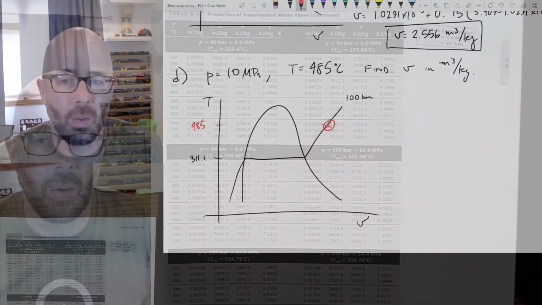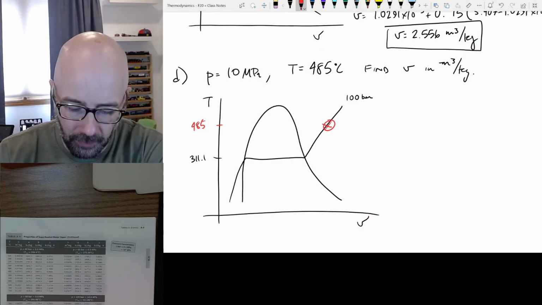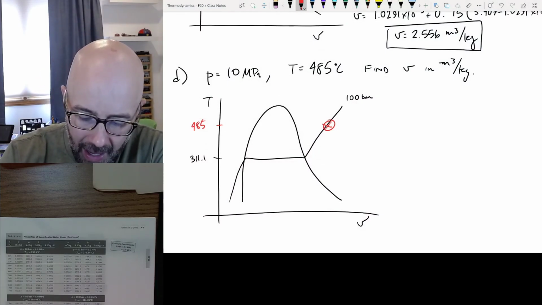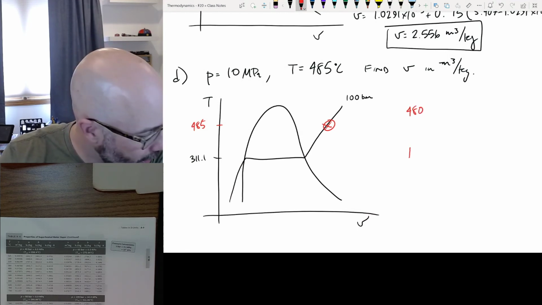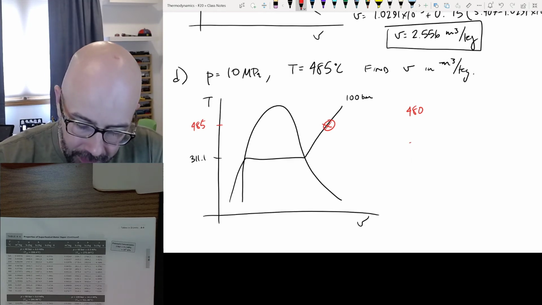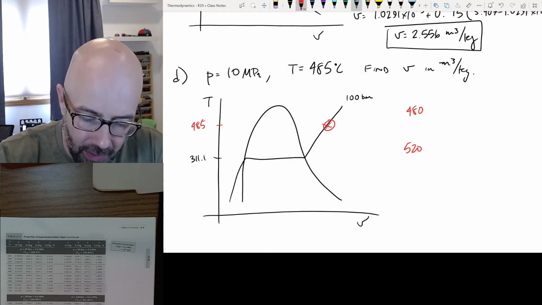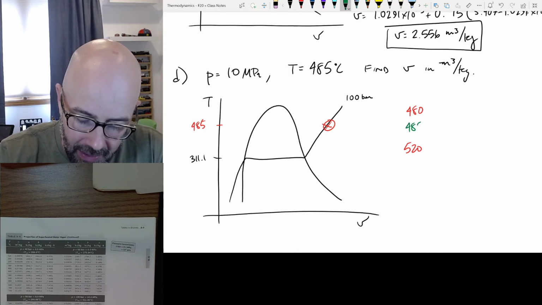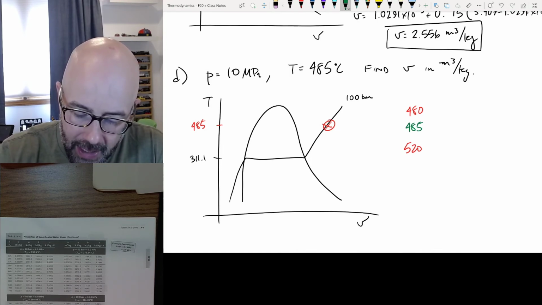And so here we go. Let's start to interpolate. I'm going to say I have 480 and 520, and I'm looking for a value that is 485. Let's look at what my specific volume is.